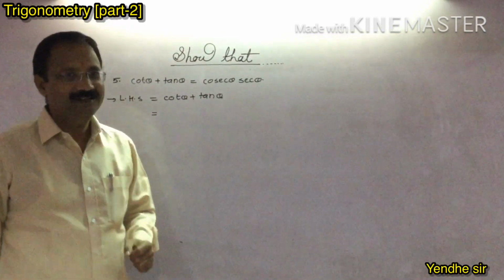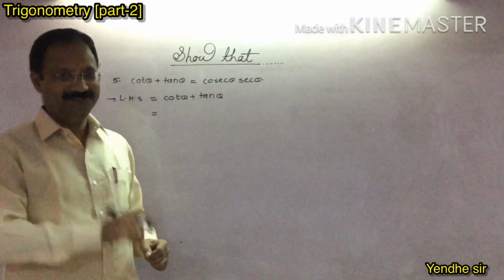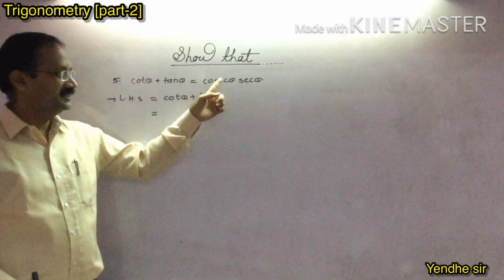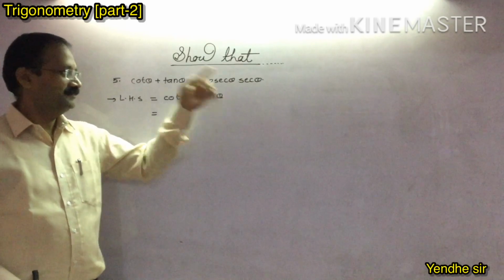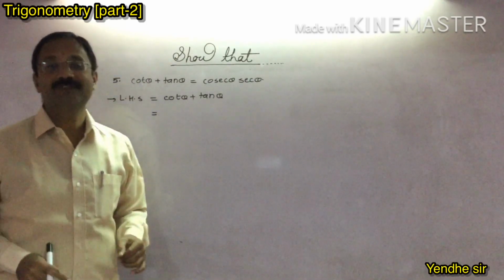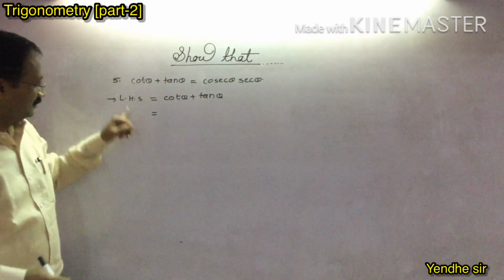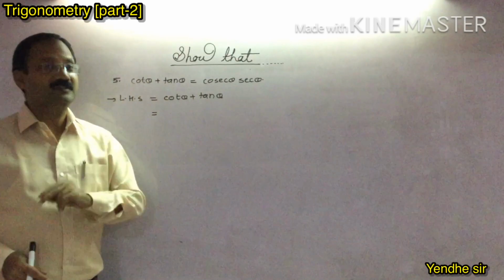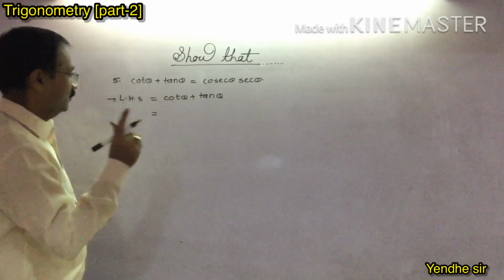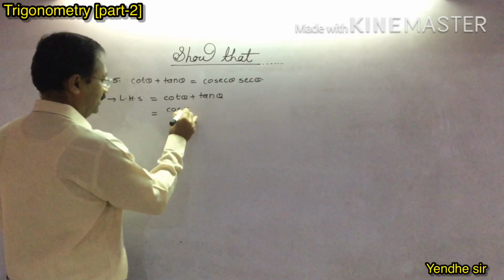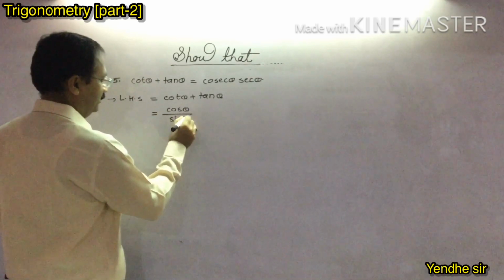Alright, let's start with sum number 5. Cot theta plus tan theta equals cosec theta into sec theta. So again, you have to follow the rules. Which is the first rule? Take LHS. I have taken the LHS, cot theta plus tan theta. Which is the second rule? Write the formula. I am going to write the formula for this one, which is cos theta upon sin theta.